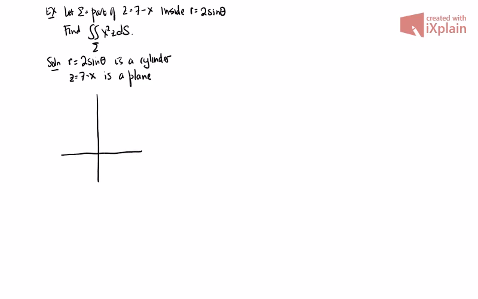Now, the 2 sine theta by itself, as a circle, looks like this. This is in 2D. Oh, sorry, that's an x right there. We're going to extend that in the z direction, so that's going to be over here, extending up.